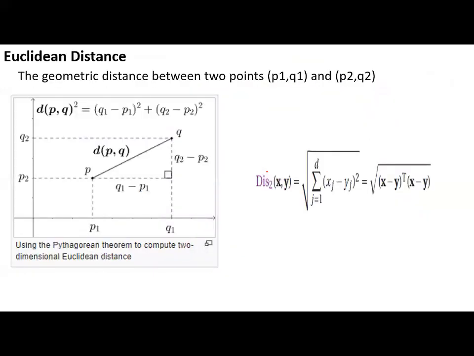Now coming to the Euclidean distance. What do you mean by Euclidean distance? If you take 2 points, P1, Q1 and P2, Q2, then you take Q1 minus P1 whole square and Q2 minus P2 whole square.